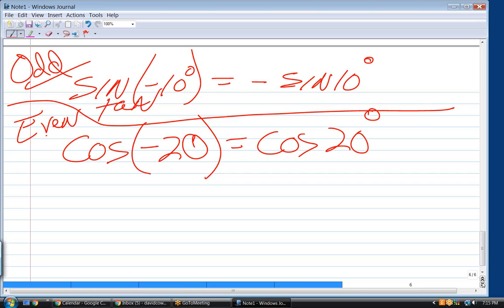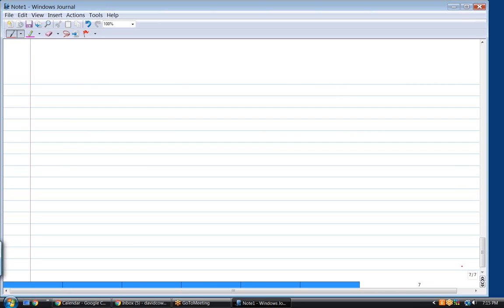Now, in terms of handling radians, and whether you should convert to degrees or not, let me test you on converting degrees to radians and back and forth. How many radians is that? Let's do it the hard way.